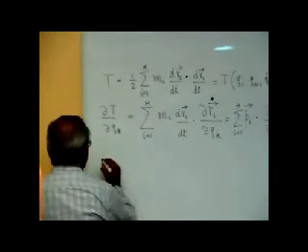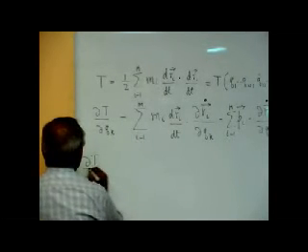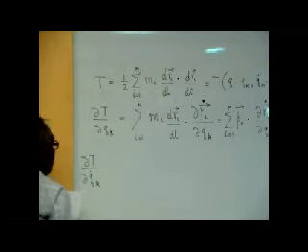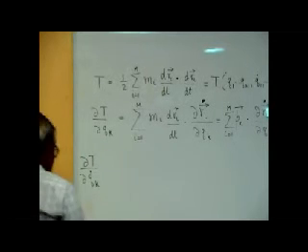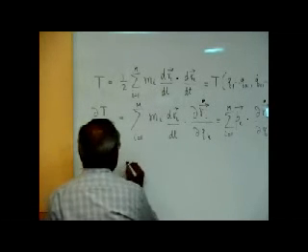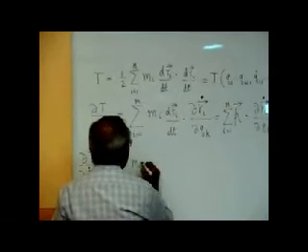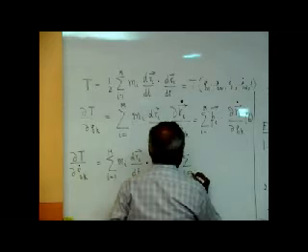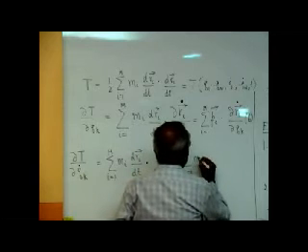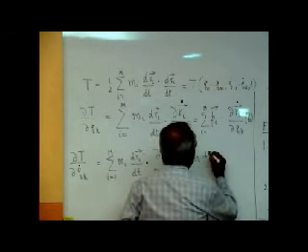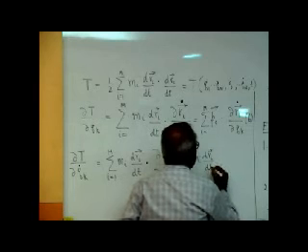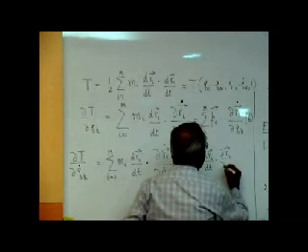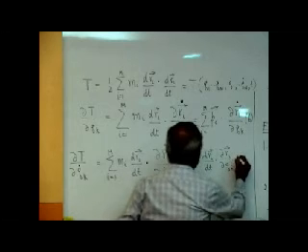Now let me write down dT by dQk dot. That will be the summation of mi dri dot.